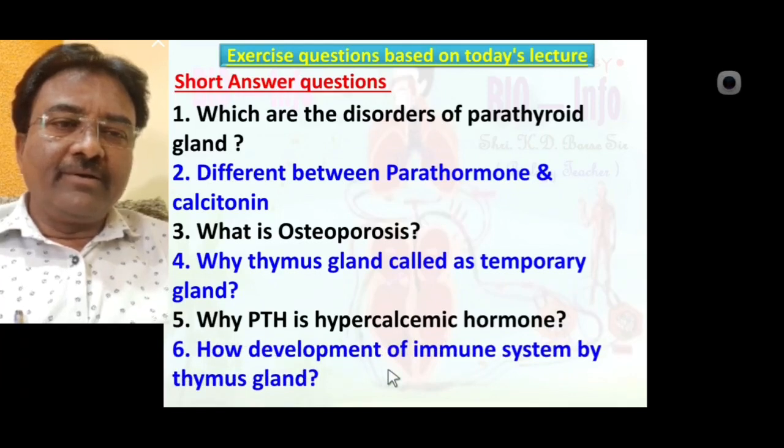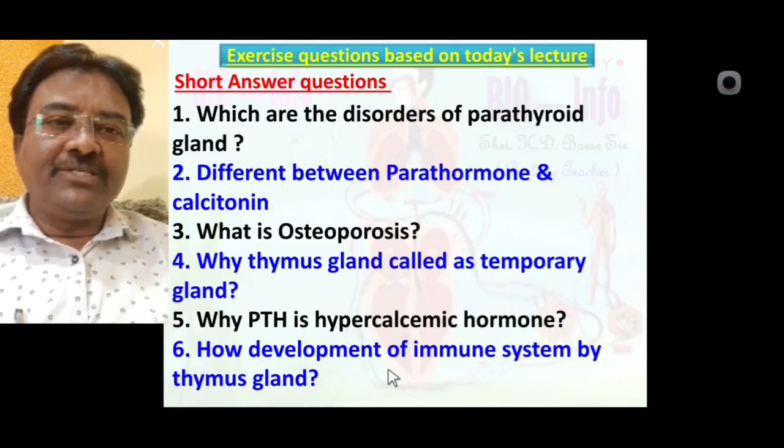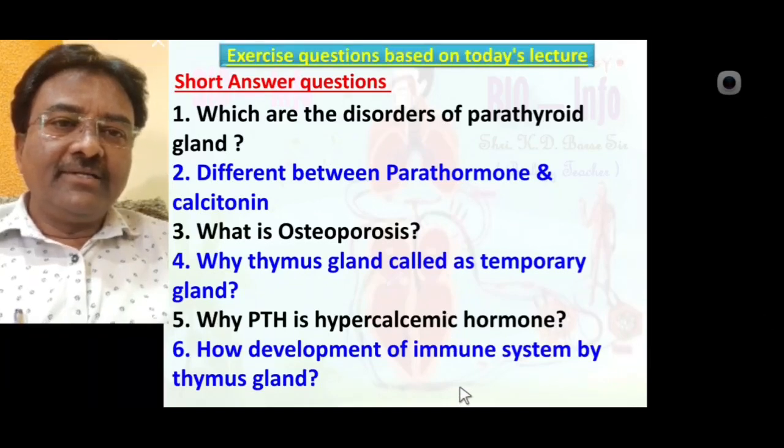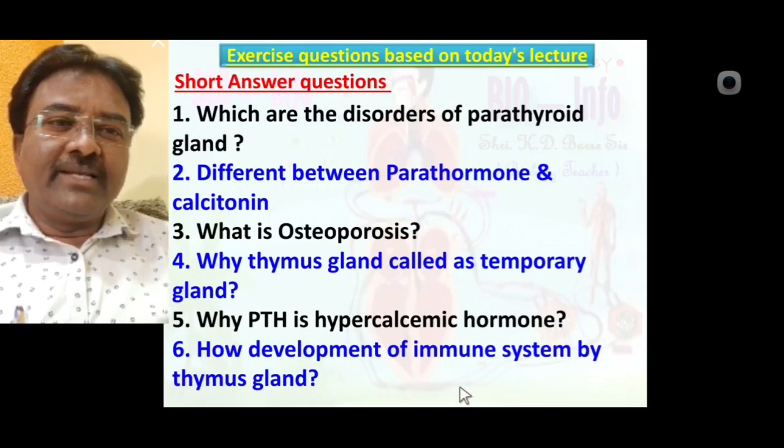How does the thymus gland develop the immune system? The thymus gland develops the immune system by maturation of T lymphocytes in the thymus gland. So the thymus gland develops the immune system.